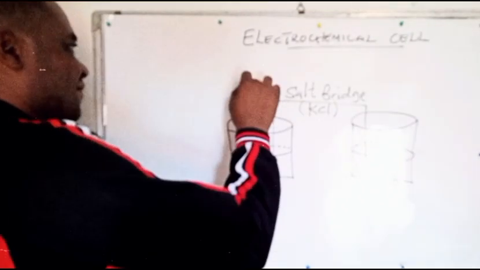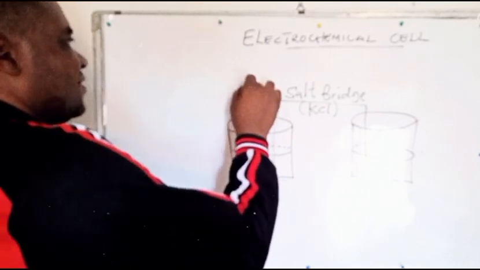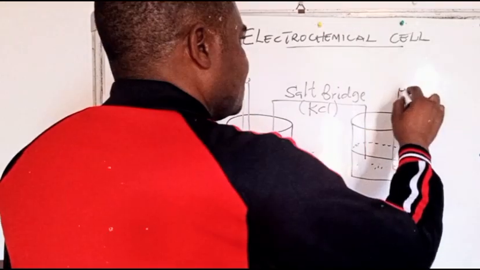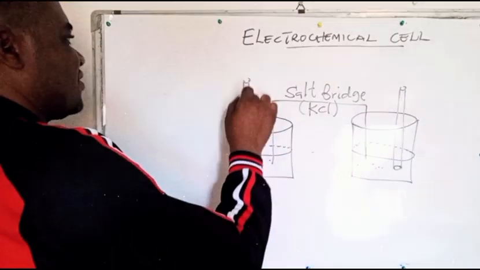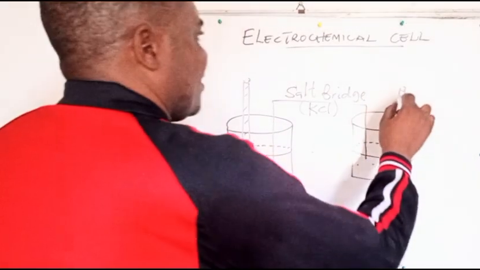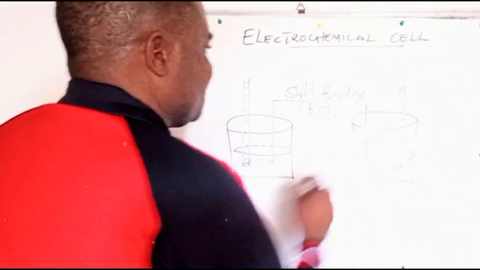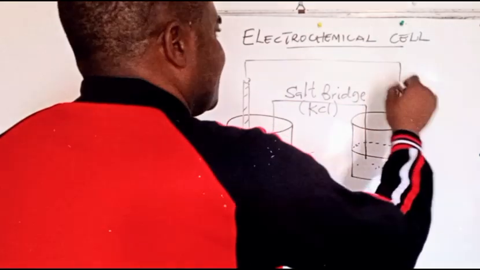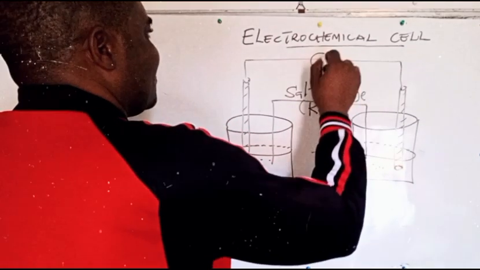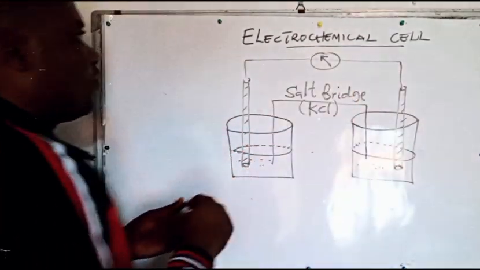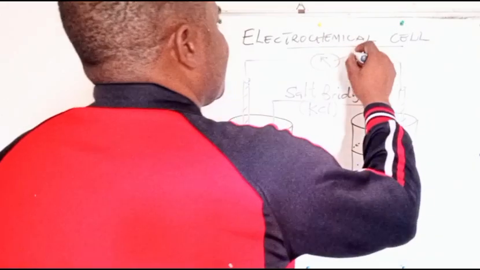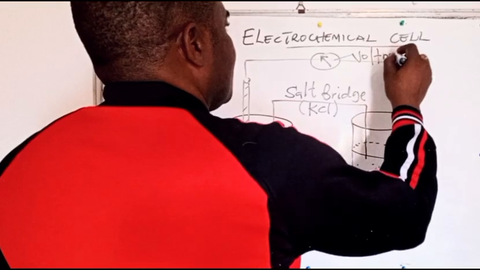And then we also have what we call electrodes. These electrodes that we have here are always negative and positive electrodes. They are connected to themselves and are also connected to what we call a voltmeter. A voltmeter.